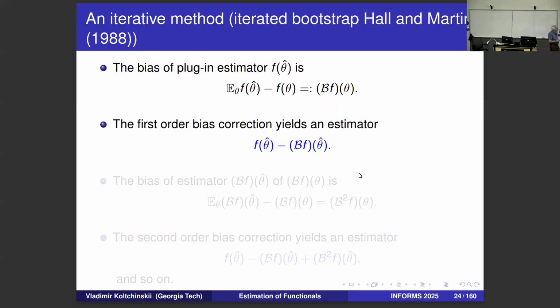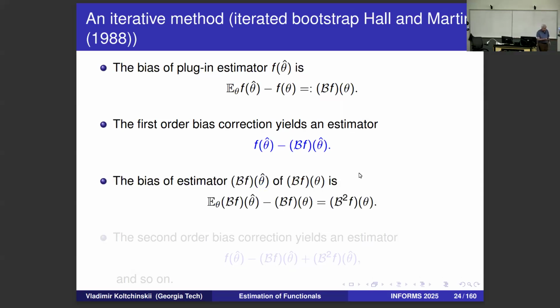We can do a very straightforward thing. We can try to improve this estimator, do first order bias correction, by subtracting the plugin estimator of the bias. But then the plugin estimator of the bias is biased itself, right?